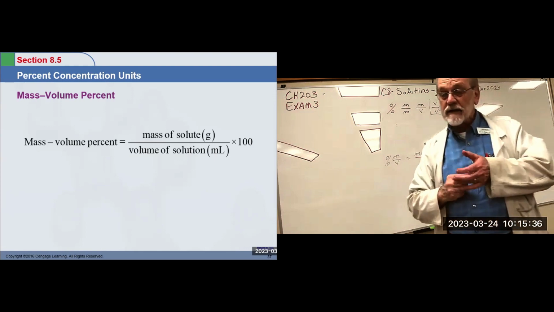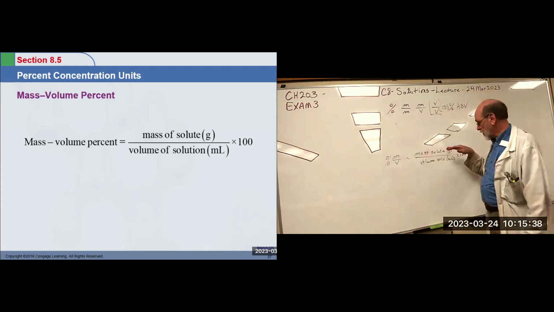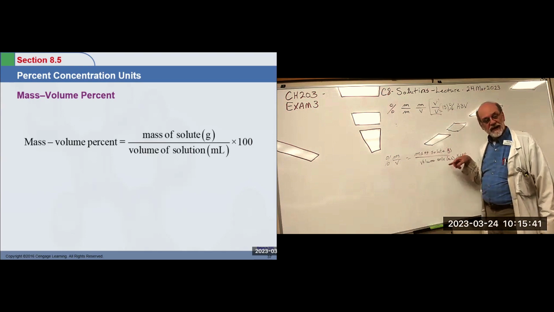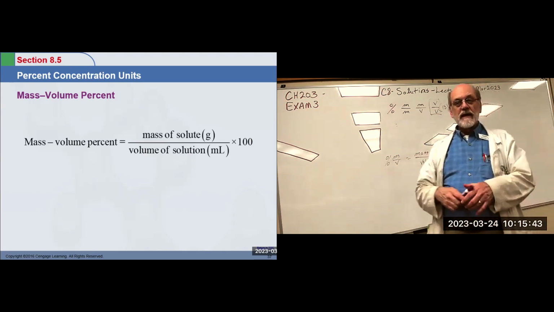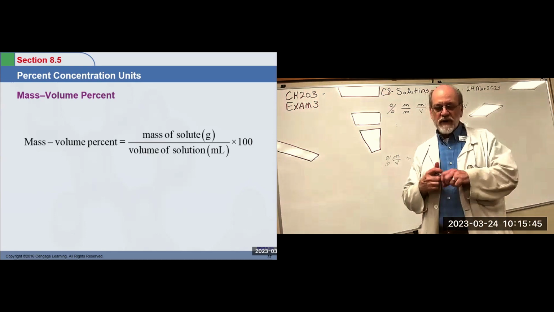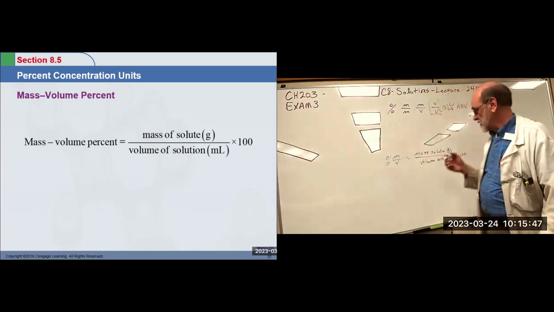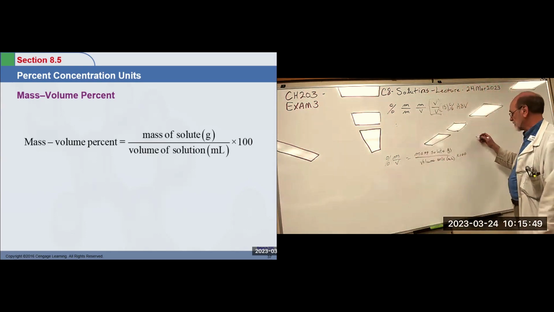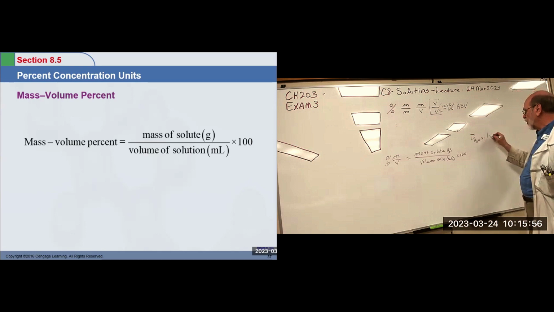Now, why would they choose grams for this and milliliters for that? The reason, I think, is because of the density of water. Right? Density of water is very close to 1 gram per milliliter.